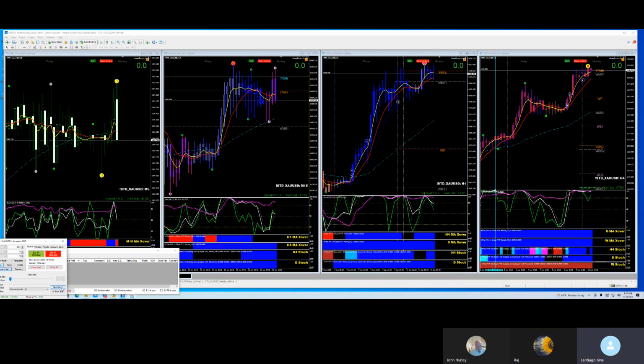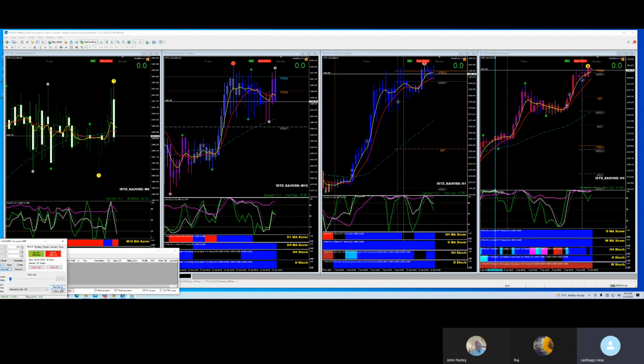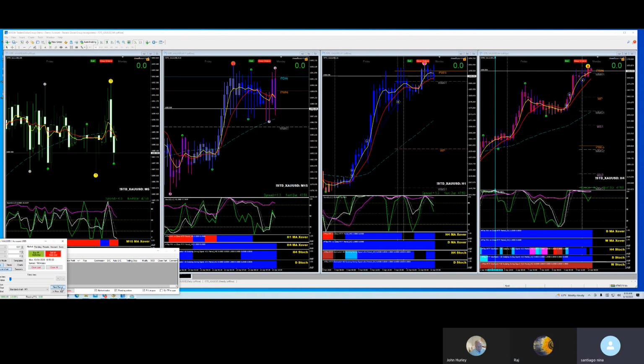All right, that's the 5 minute cycling. Look at the deeper cycle. Now the 15 is out of sync. So is the 1 hour. All right. So what you have here is just typical sideways movement after a big move.